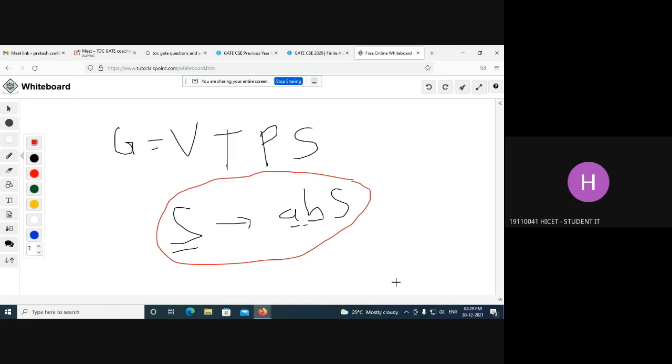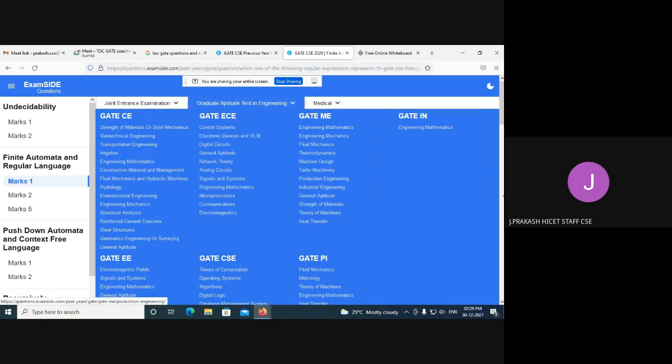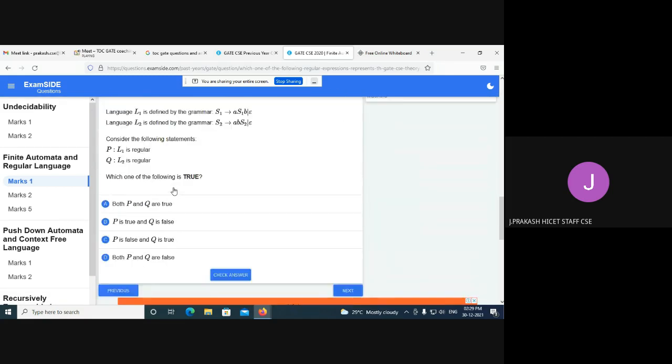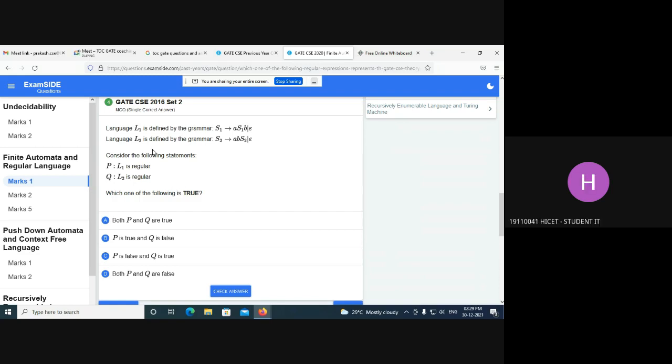Okay. Now you see the question. This is one of the questions. S1 implies A S1 B or epsilon. S2 implies AB S2 or epsilon. Consider the following statements: L1 is regular, L2 is regular. Which one of the following is true?